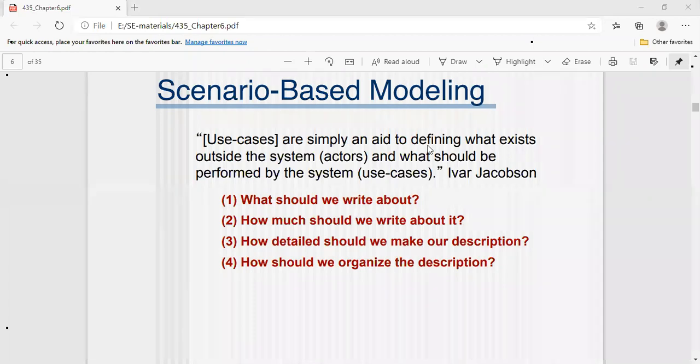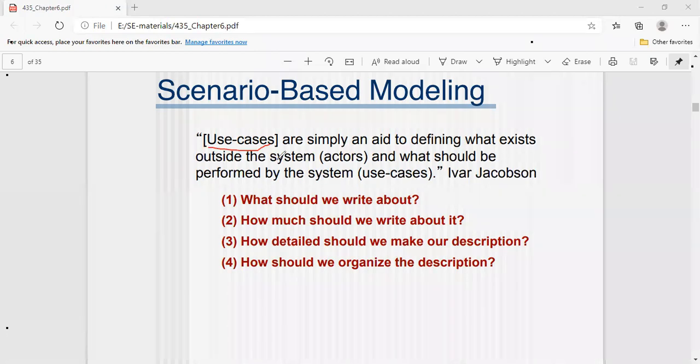Actually, scenario based modeling is purely developed using use cases. By using use cases we are going to implement our model for a project or a domain.